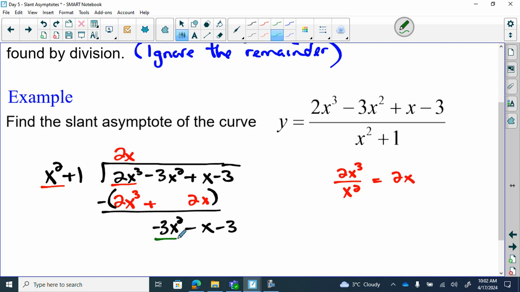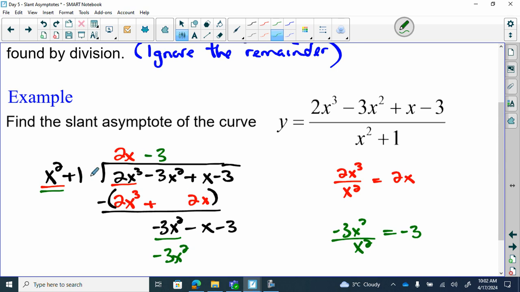I have a negative 3x squared. I'm going to divide it by x squared. I have 3 terms dividing by 2 terms, negative 3x squared. If I write that over here, divided by x squared, what's that leave? Negative 3. I'll put that up top. And then I'm going to multiply. Negative 3 times x squared gives me negative 3x squared.